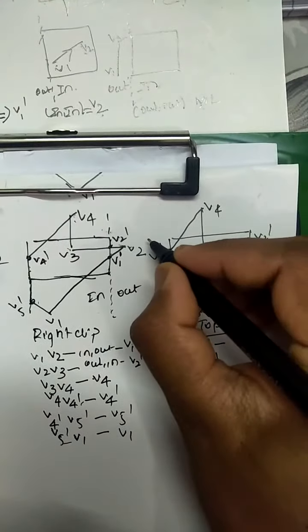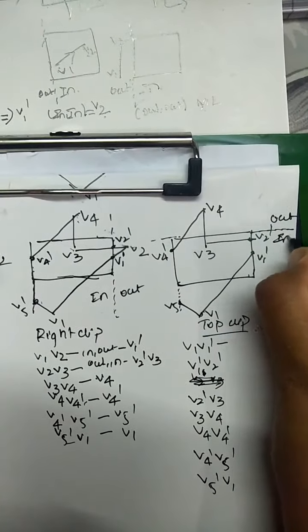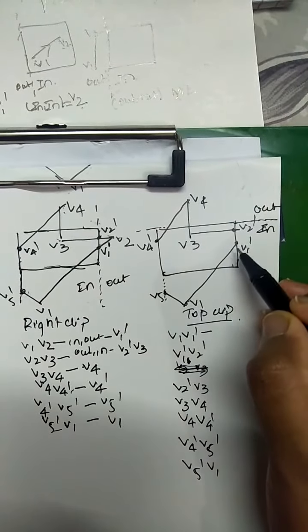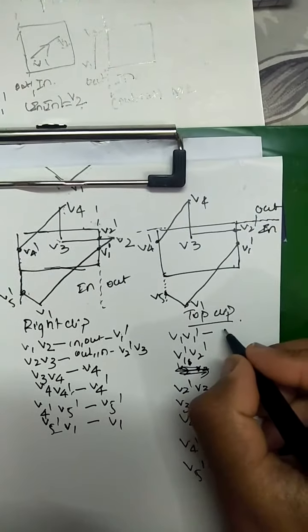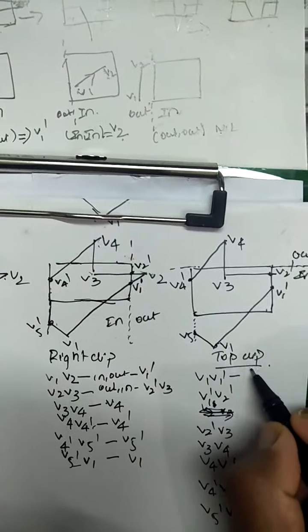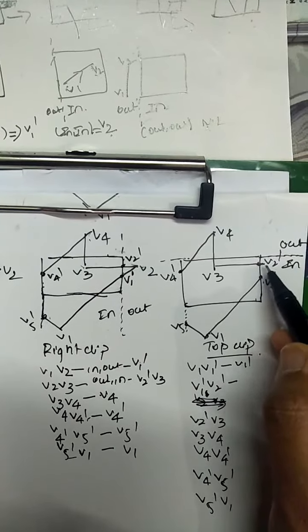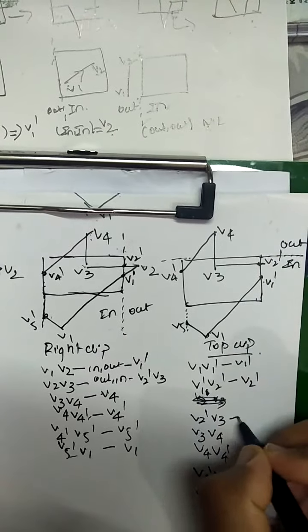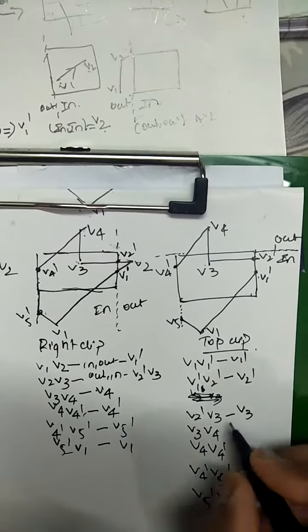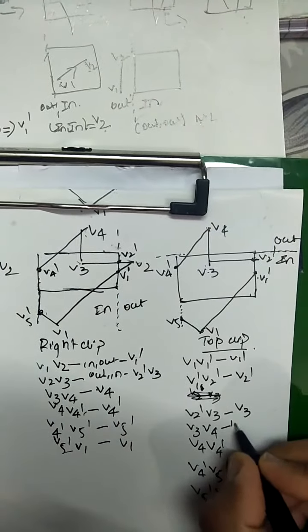Now since this is a top clip, this will be out and this will be in region now. So v1, v1 dash, it is falling inside the region now. So if it is in, then it should be the second vertex, that is v1 dash. v1 dash, v2 dash is falling inside, so I have to take the second vertex v2 dash. v2 dash, v3, since it is falling in, I have to take the second vertex v3. v3, v4 is moving from in to out.